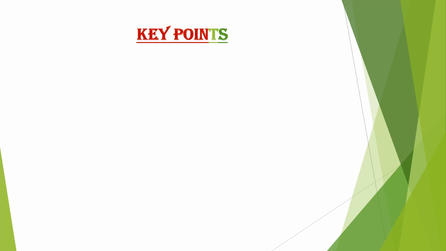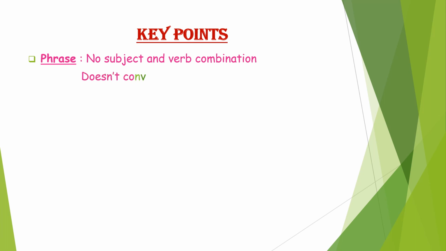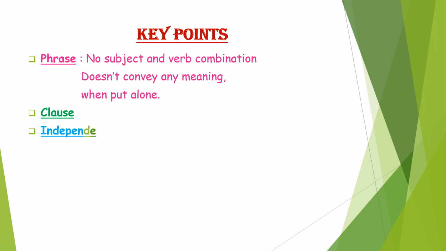These are the key points. When you try to complete your worksheet, children, you can see the key points and try it for yourself. Phrase: no subject and verb combination and does not convey any meaning when put alone. Clause: divided into two parts, independent and dependent clause.